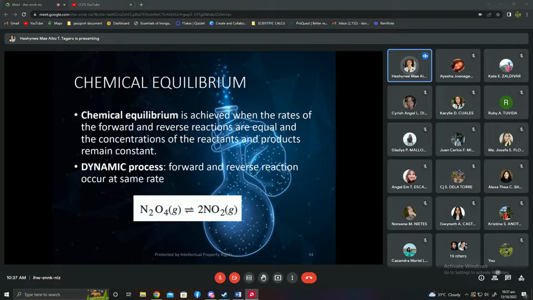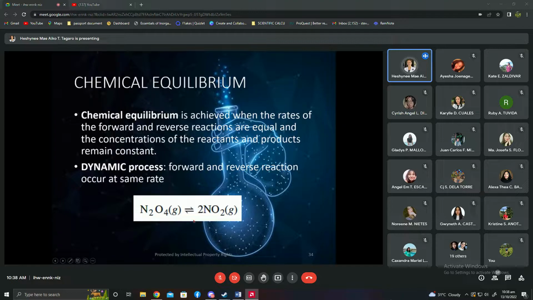So how will you know if it's in the forward or in the reverse process? Let's take for example the equation shown on the slide. So we have dinitrogen tetroxide. If it proceeds in the forward direction, it will produce 2 moles of nitrogen dioxide.